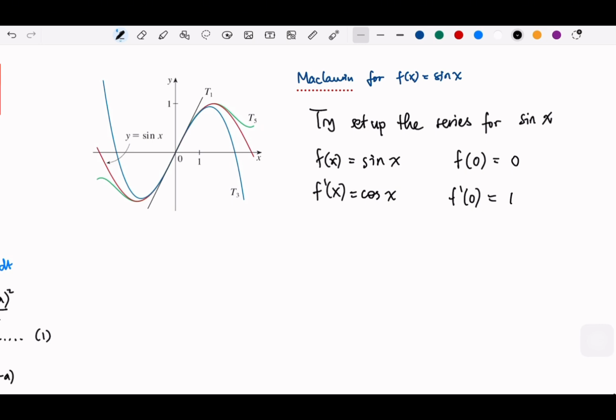If we work this maybe up until 3 or 4, we are going to see the pattern.